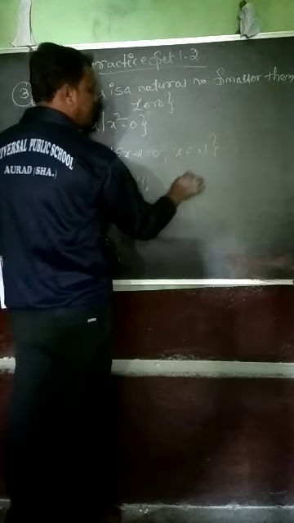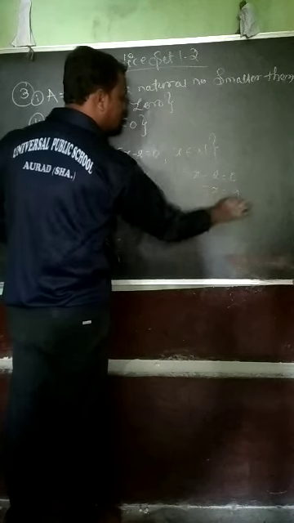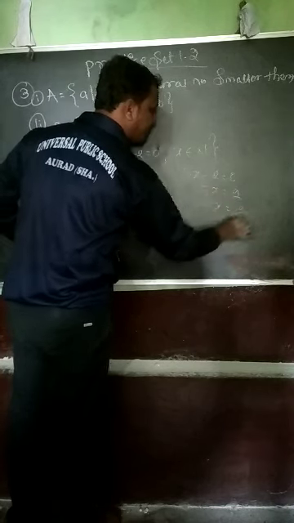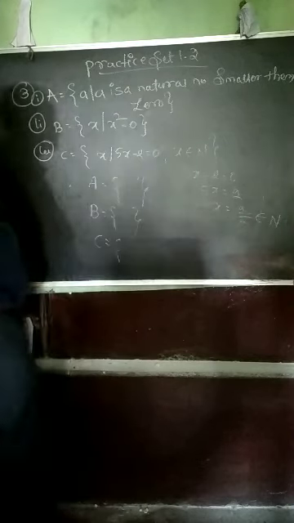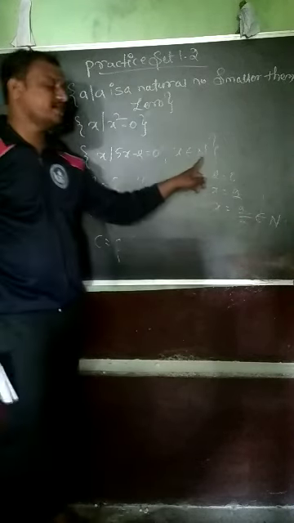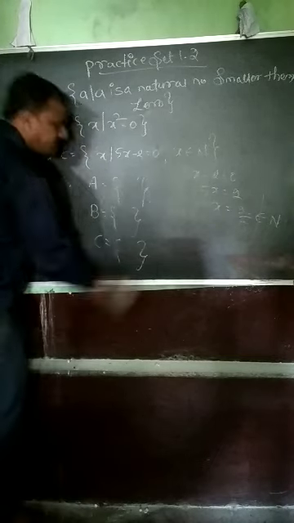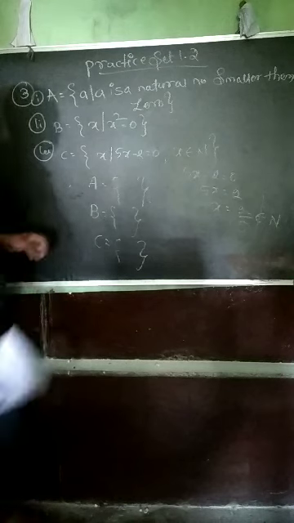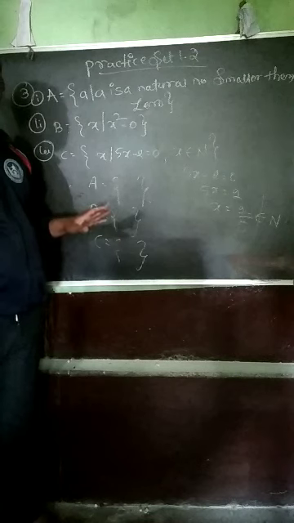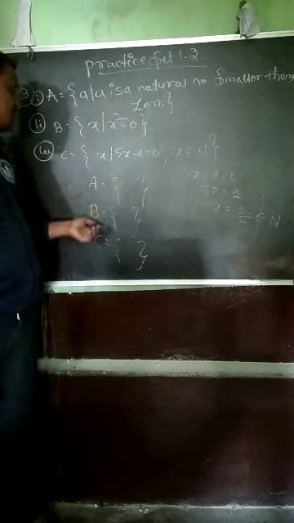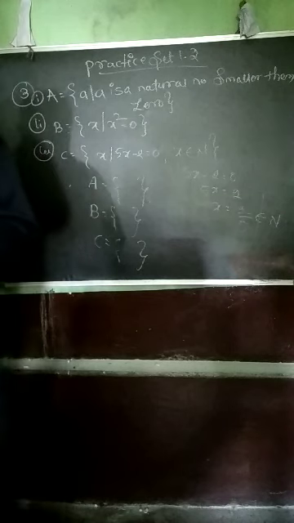See here, 5x minus 2 is equal to 0, 5x is equal to 2, and x is equal to 2 by 5. It does not belong to the set, because 2 by 5 is not a natural number. That's why C is also an empty set. Right? So what reason to write? The sets A, B, C contain no elements, that's why the sets A, B and C are empty sets.